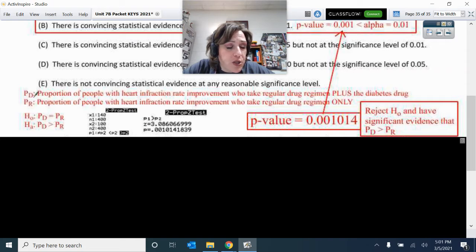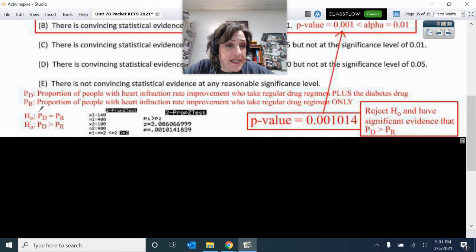So P with the subscript D is the proportion of people with heart infarction rate improvement who take the regular drug regimen plus the diabetes drug. And P with a little r is the proportion of people with heart infarction rate improvement who take the regular drug regimen only.